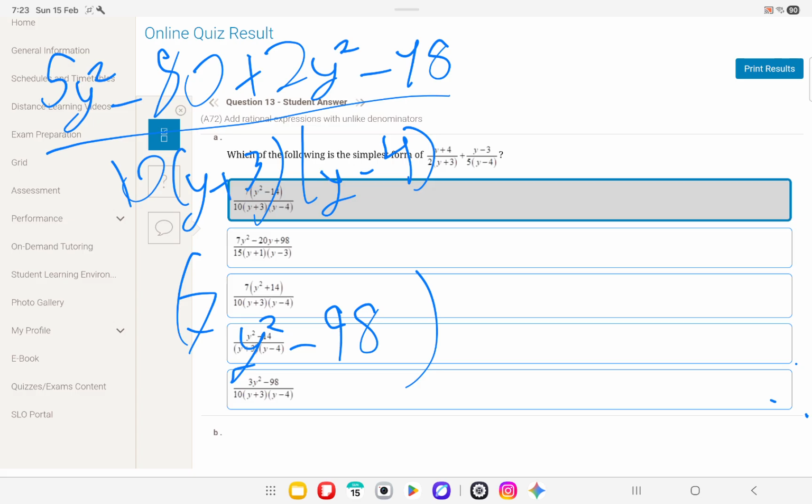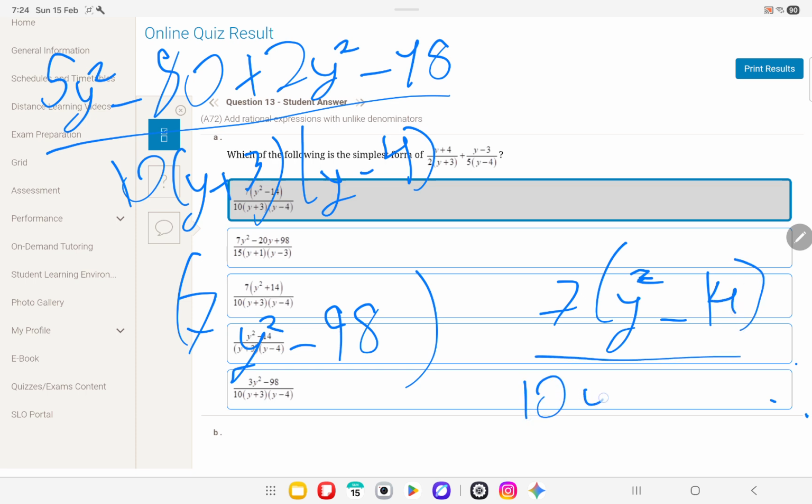So if we take out 7, it will be 7y squared, then 98 divided by 7, which is 14, so it will be 7y squared minus 14 over 10y plus 3 times y minus 4.